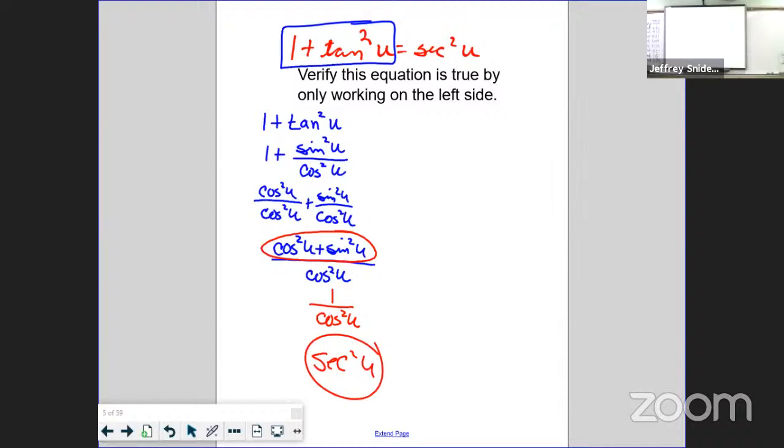I thought it equaled 1. Sorry, I'm going down. Oh, does it? I don't know. So it equals 1. No wonder. I think we got the rest of them. We got it.